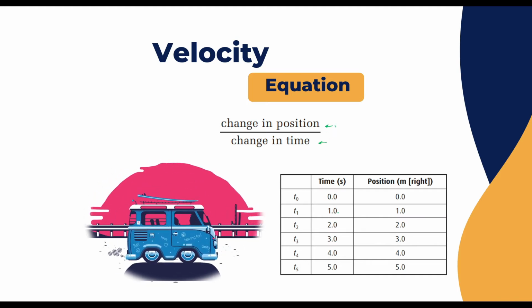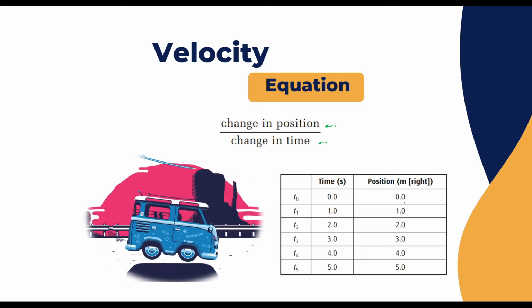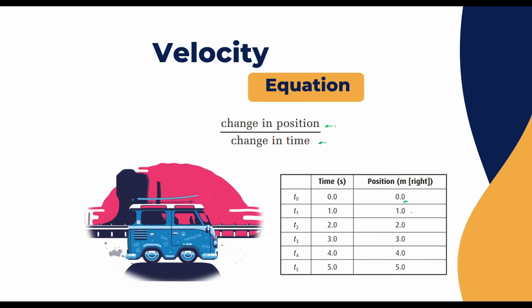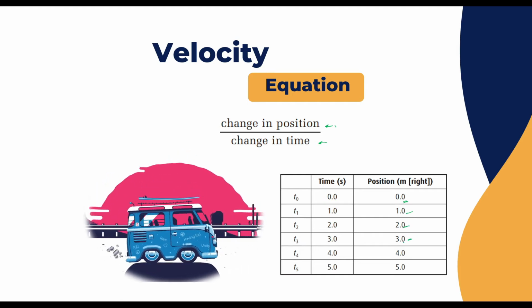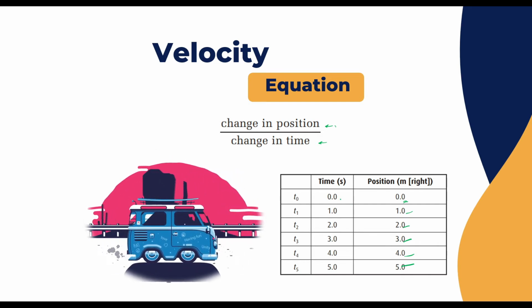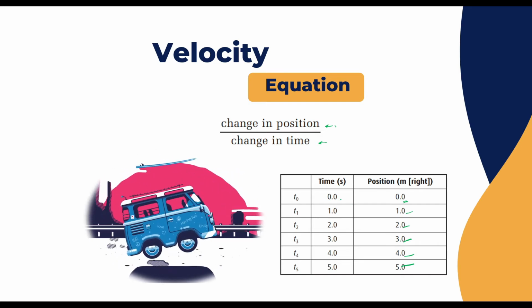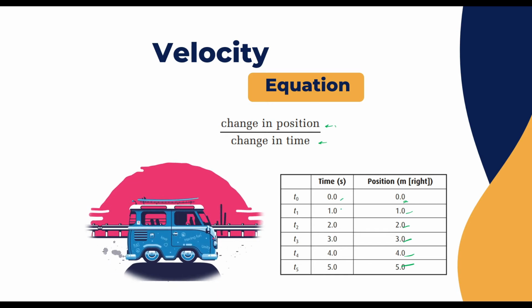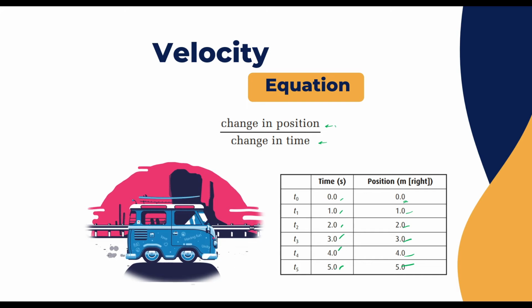So we know all the positions of the golf ball. We know it was at 0 meters, then 1 meter, 2 meters, 3, 4, and 5 meters. Now we had a stop timer that is detecting when the ball was at 0 meters, when the ball was at 1 meter, 2 meters, 3 meters, 4 meters, and 5 meters.